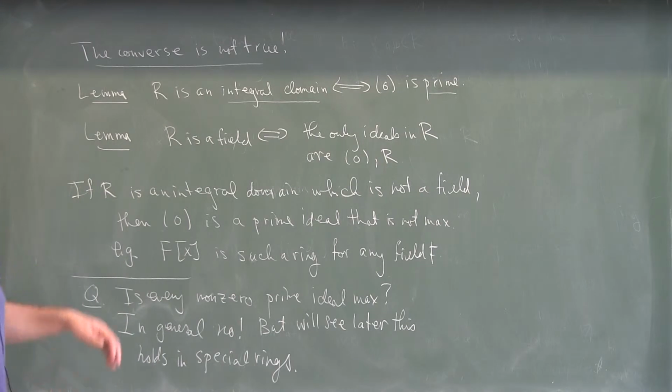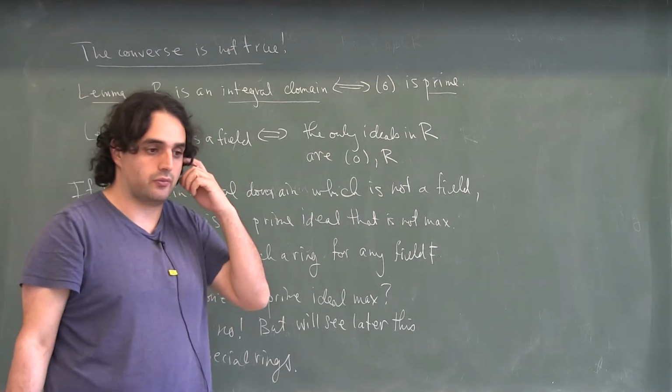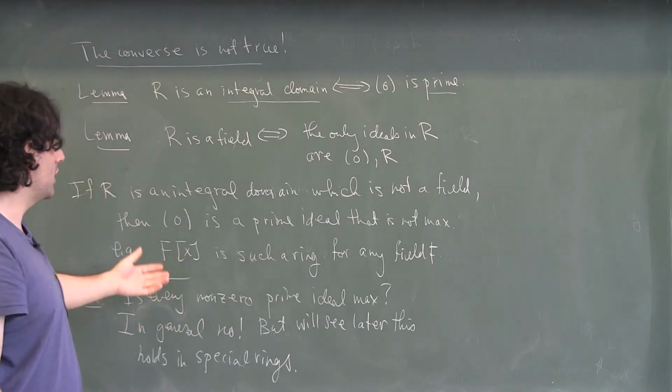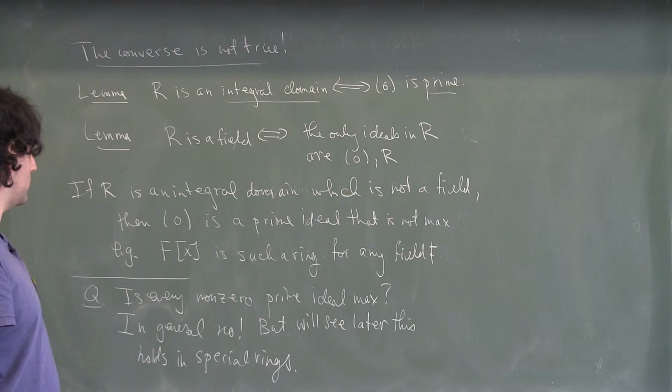Okay? This will in fact be one of the motivations for studying special classes of rings. We might want to look for rings in which we have this property that every non-zero prime ideal is maximal.